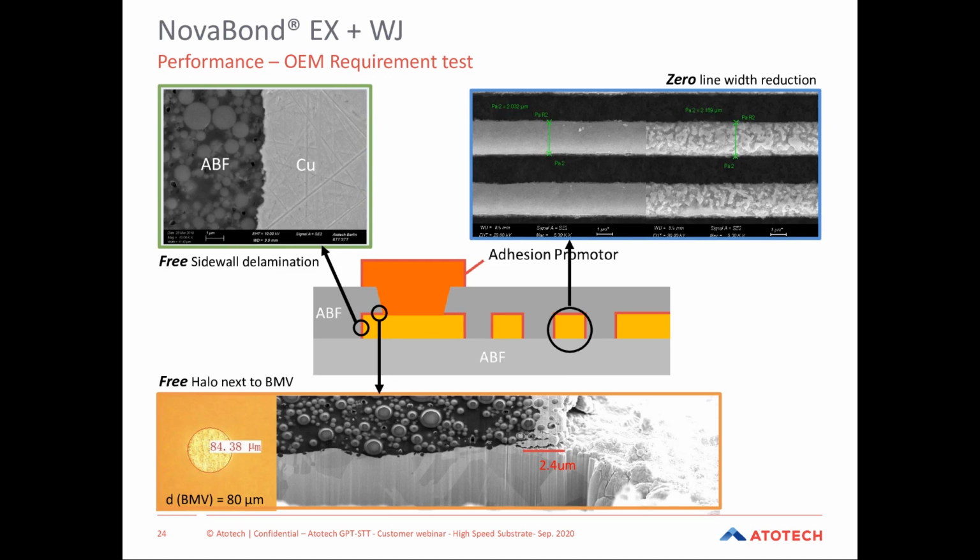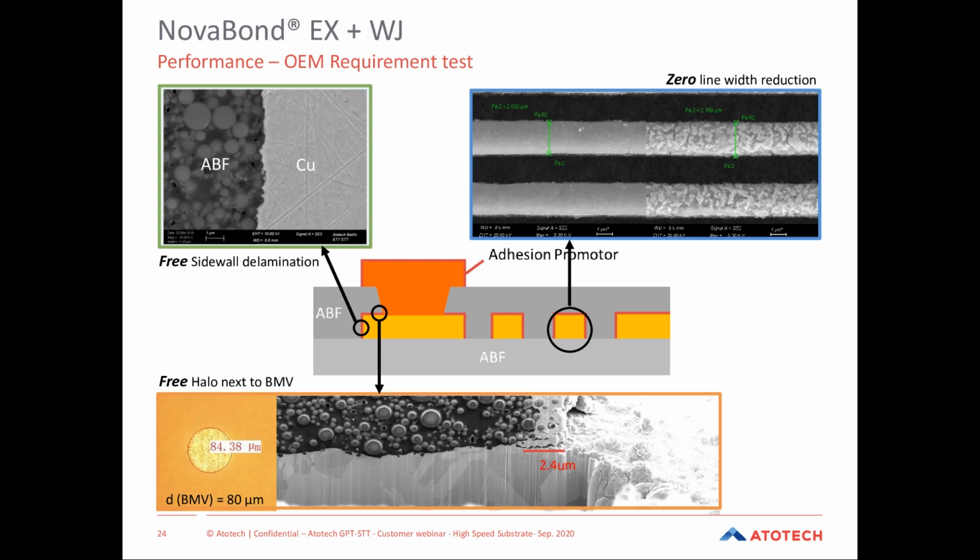This was requested by one of our OEMs, because peel strength and roughness as criteria alone are not enough. We need to take a look at a real sample, a real pattern sample, and how it looks. One of the requirements is whether we have sidewall delamination or not.